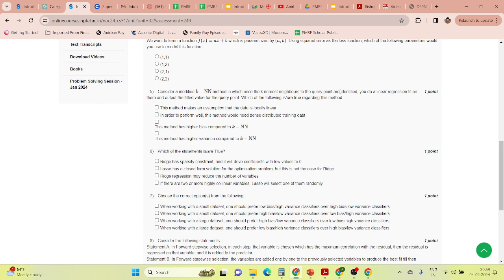And here what we will do is fit a straight line. Not a straight line, it can be a curve as well. So the thing is, does it have a higher bias or not? Higher bias means underfit, right?